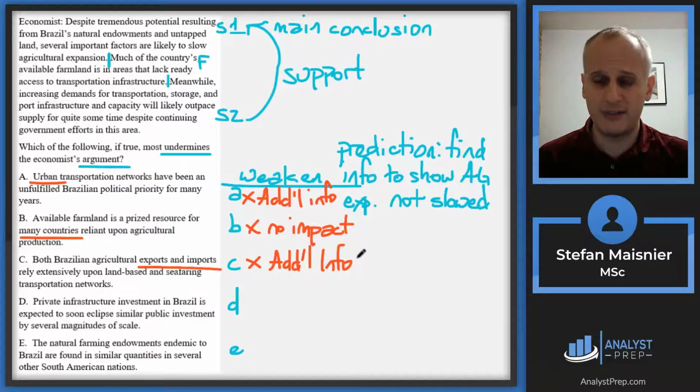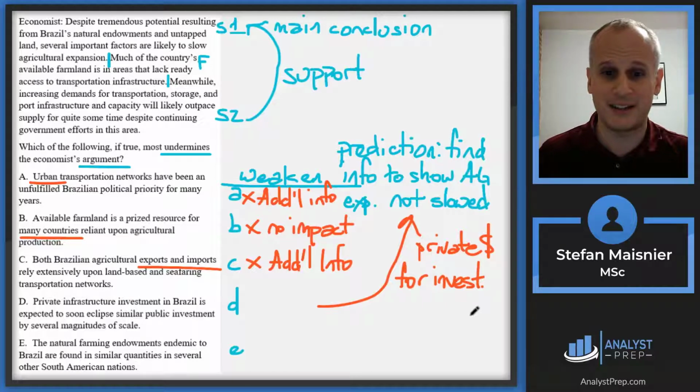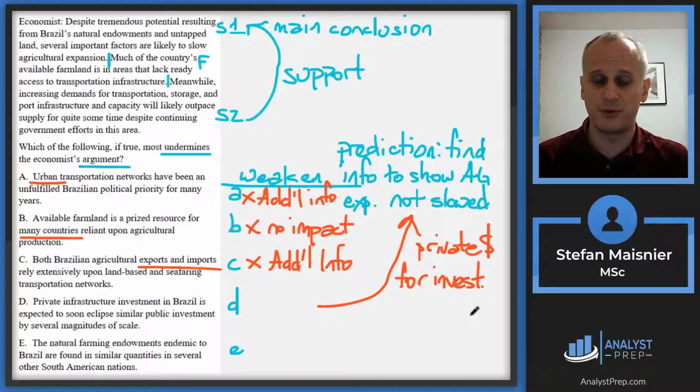So if private infrastructure investment comes in, that could be a reason to support the idea that the agricultural expansion may not be slowed, because we have private investment, basically private dollars, for investment. And if we get the investment, then we don't necessarily have the slowing of agricultural expansion that was referenced.